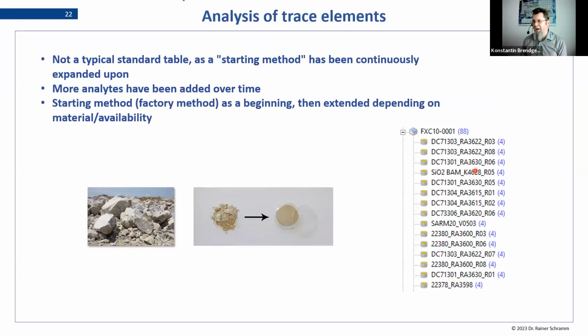So what happened in our laboratory is that we started with a starting method. It was actually a factory method on our spectrometer, and over the time we added more analytes and more standards. And the idea here, remember, this is all on pressed pellets.